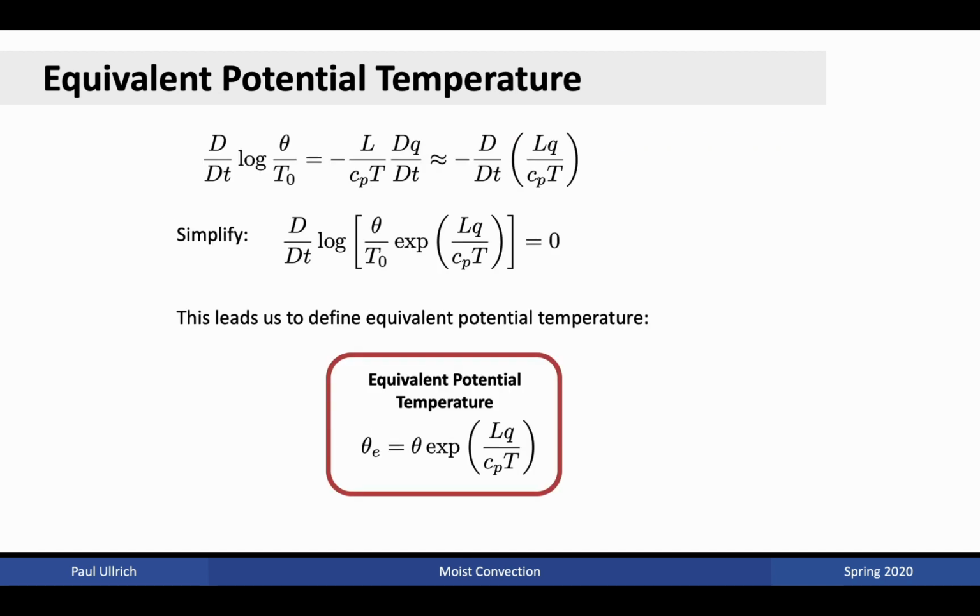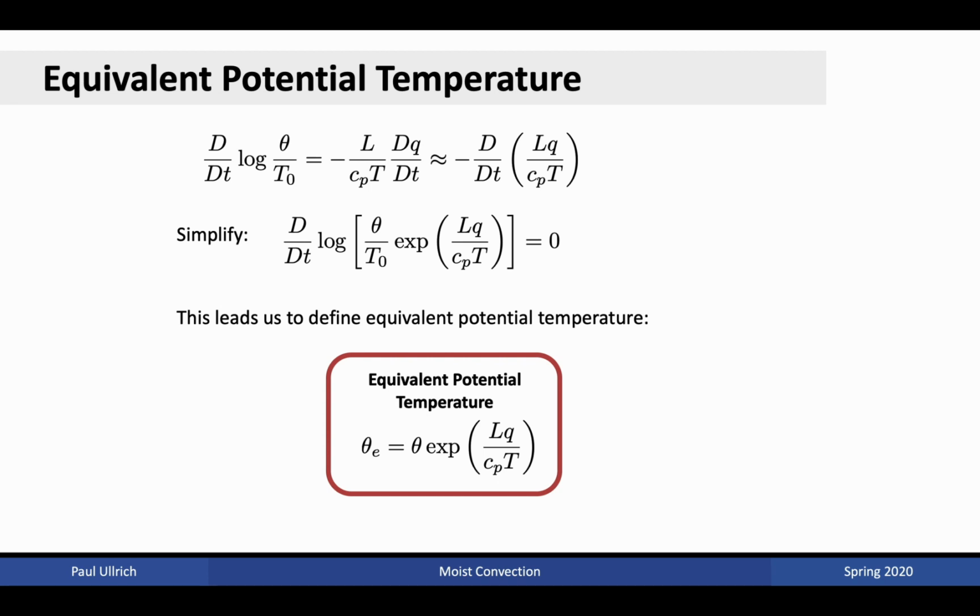This is necessary because this term needs to be combined with the material derivative term that shows up on the left-hand side for dry potential temperature. So if this is combined and we simplify, we then obtain that the material derivative of the logarithm of potential temperature times e to the L q over c_p T is equal to 0.